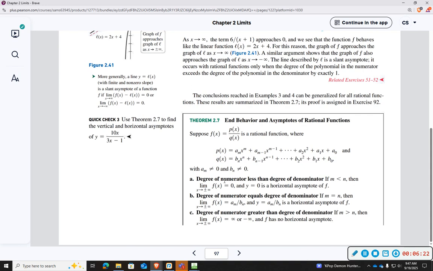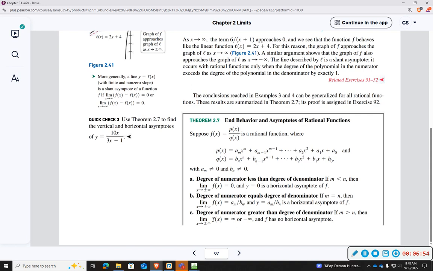If the degree of the numerator is less than the degree of the denominator, so the degree of the top is smaller than the bottom, then you will have a horizontal asymptote of y equals 0. If the degree of the numerator equals the degree of the denominator, so the top and the bottom are equal, then your horizontal asymptote will be the line y equals a over b, where a and b are the coefficients of the numerator and denominator respectively.